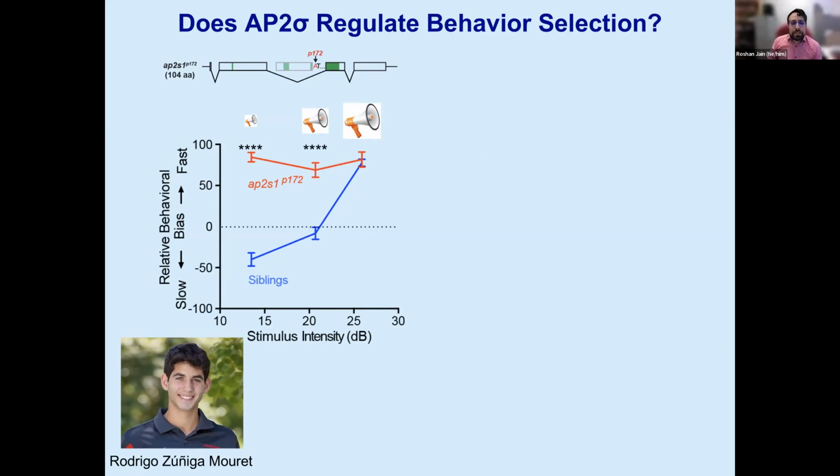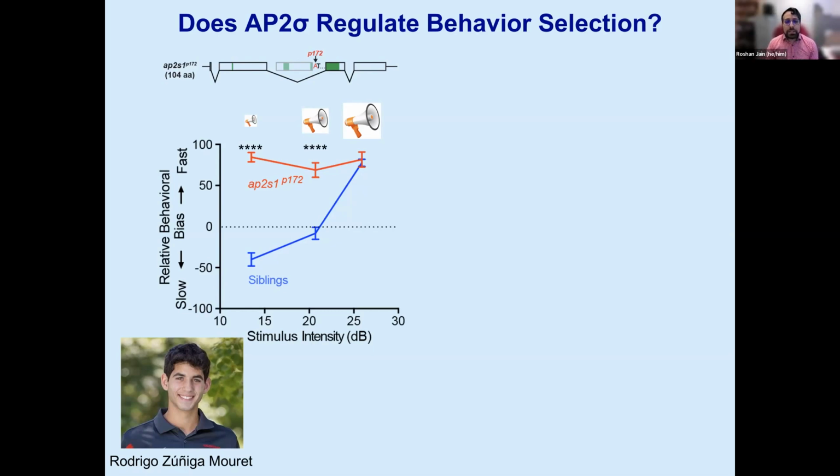But as we gave them stimuli of weak and strong intensity, we found that they're totally normal when we give them loud stimuli, but when we drop down to low intensity stimuli, these fish pretty much always want to perform these fast startle behaviors. They still can perform the slow startles, but they're not up at 100. So it's not that they've ablated that behavior, but across intensity of stimuli and across contexts, they pretty much prefer these fast startle behaviors, where siblings would normally perform a slow startle.